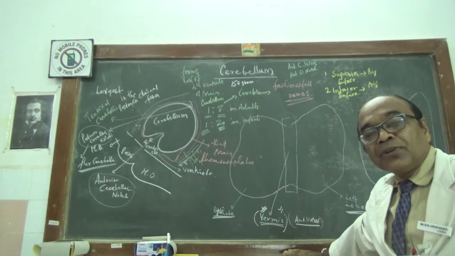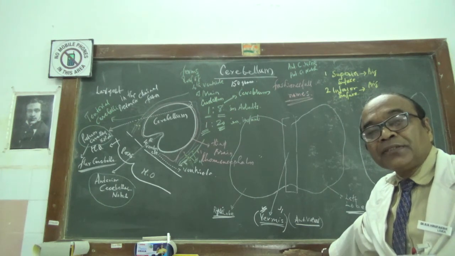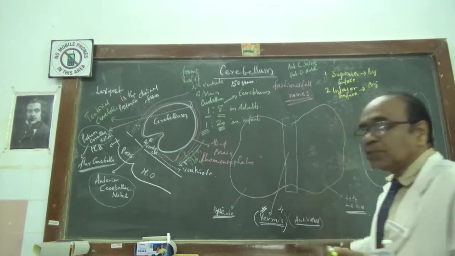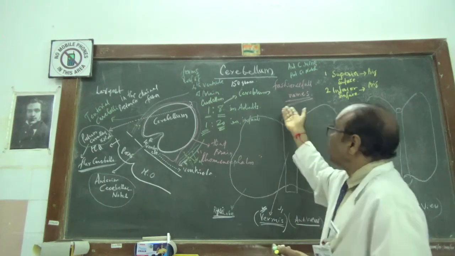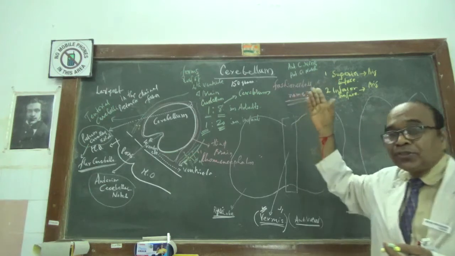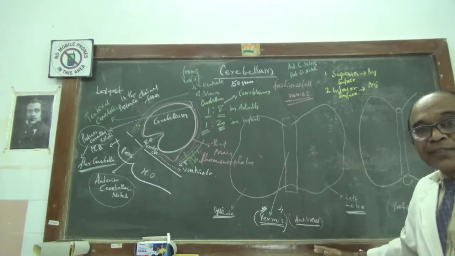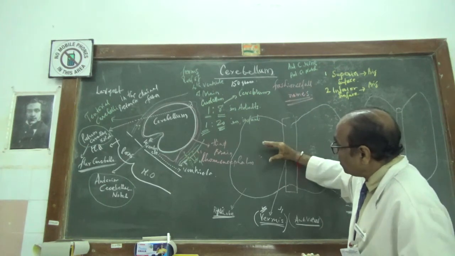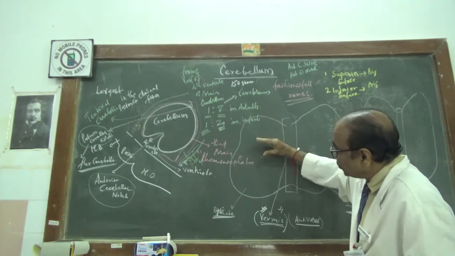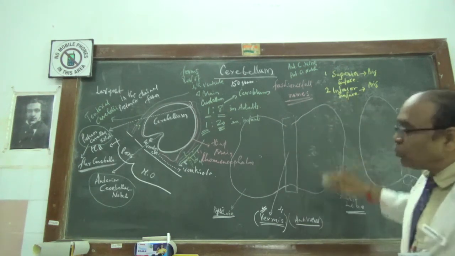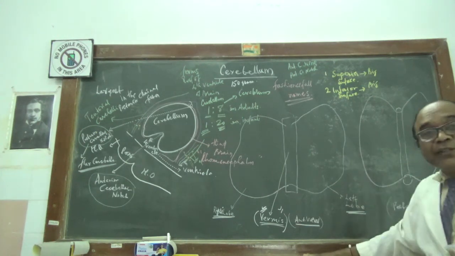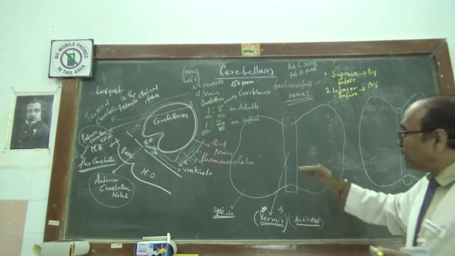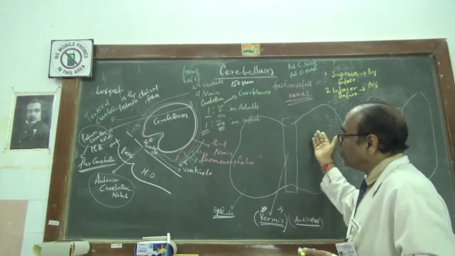The anterior part of the lobes is smaller, and the posterior part is comparatively a little bigger.